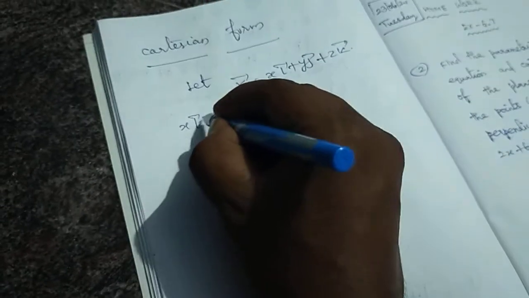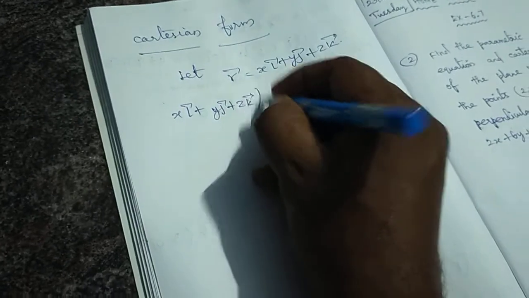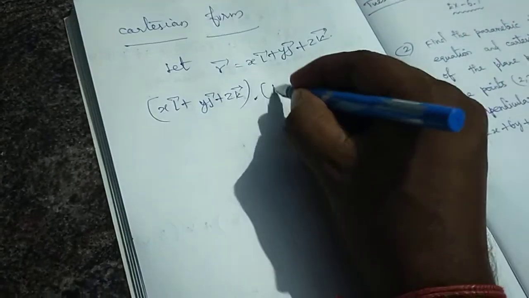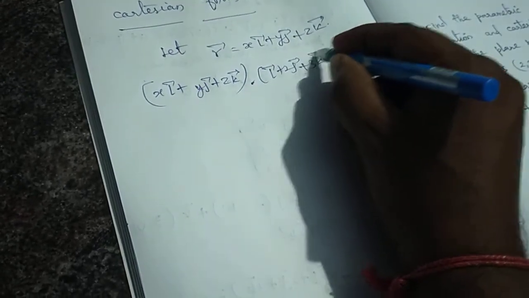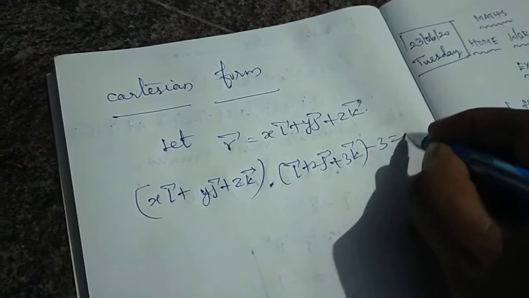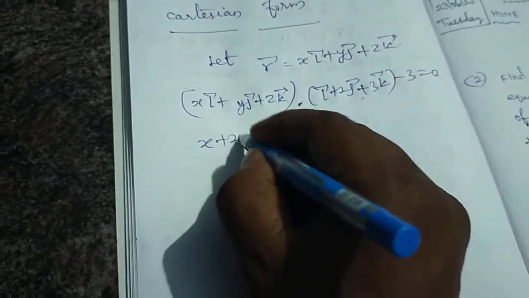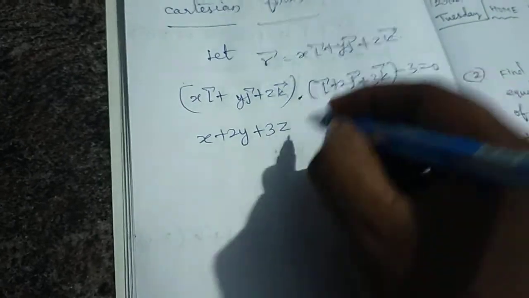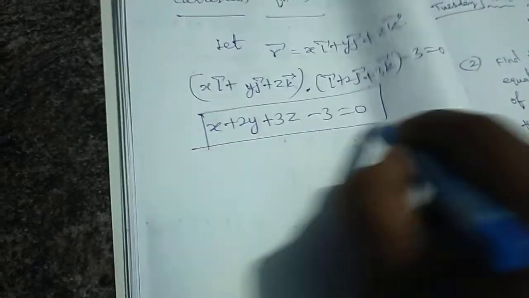So (x i vector plus y j vector plus z k vector) dot (i vector plus 2j vector plus 3k vector), the constant value is minus 3, so minus 3 equals 0. Just multiply: x plus 2y plus 3z minus 3 equals 0. This is the Cartesian form. That's all, children.